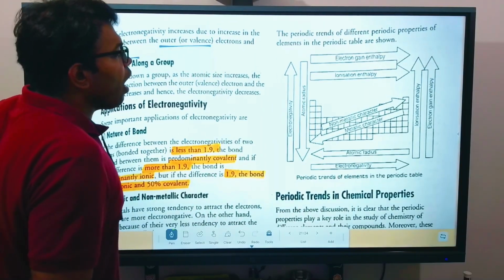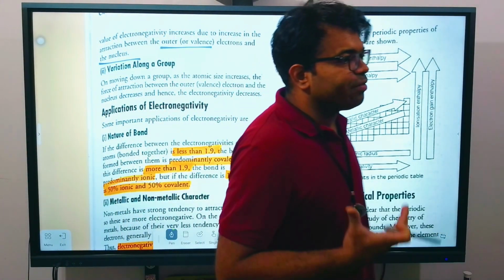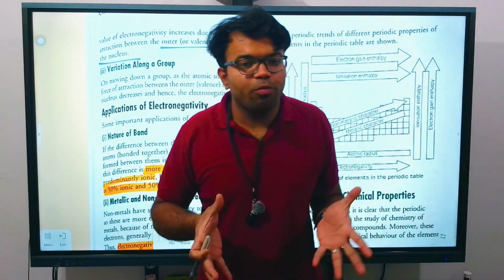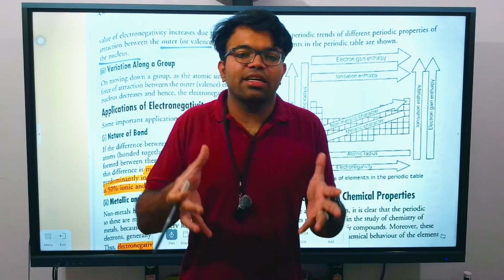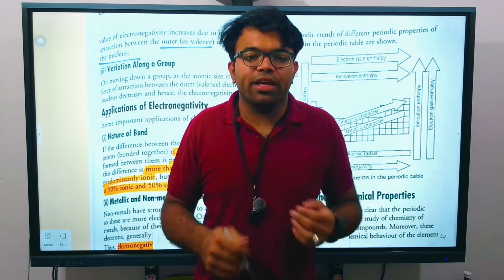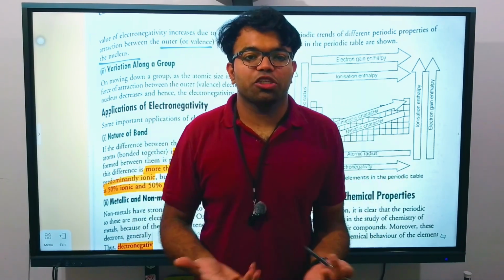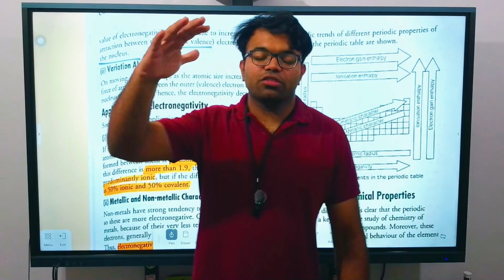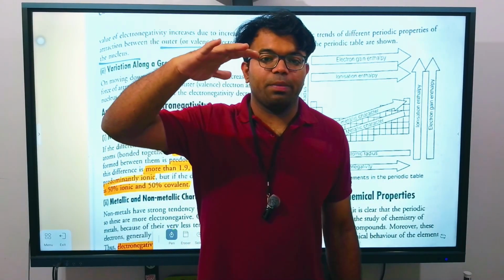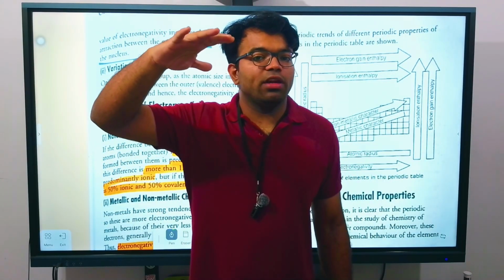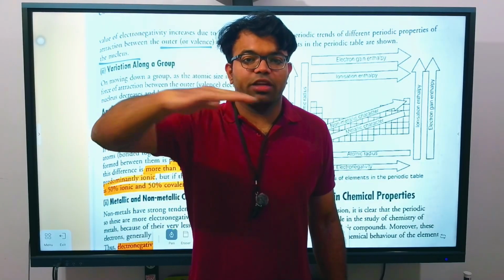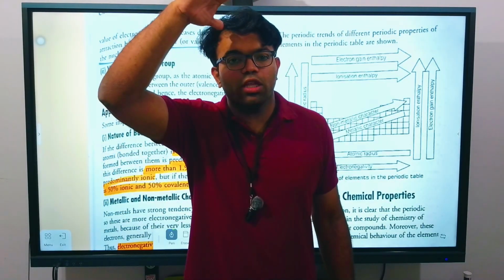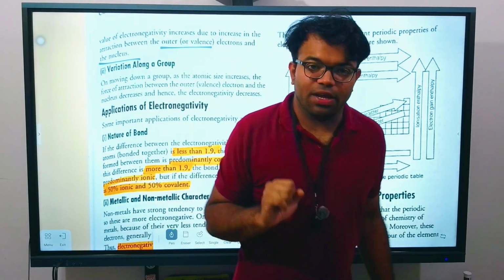Variation along a group. How does the electronegativity vary along a group? Along a group, we know that every single element, one below the other, has an extra shell, right? The first period element will have only one shell. The second one will have 2, then 3, 4, 5, 6, 7, all the way from the first row to the seventh row.